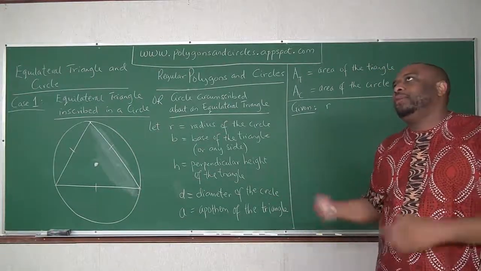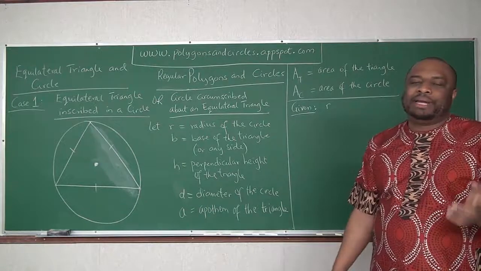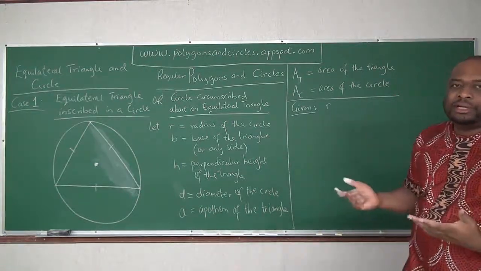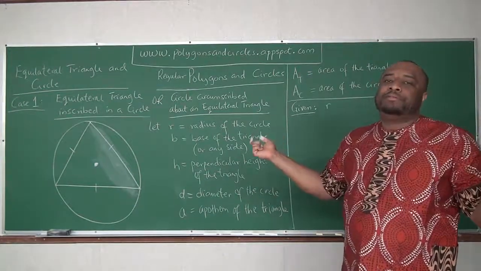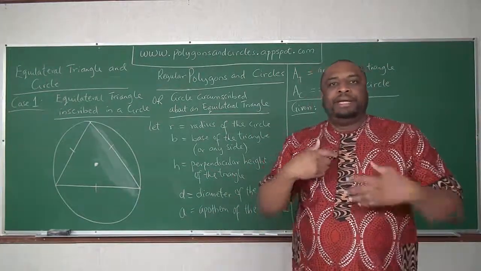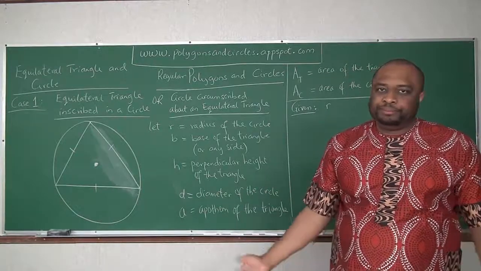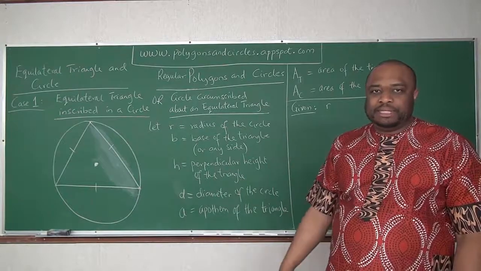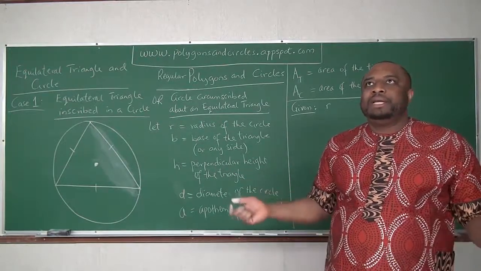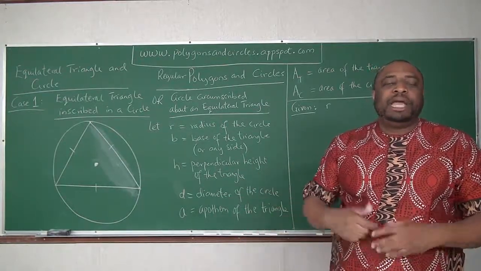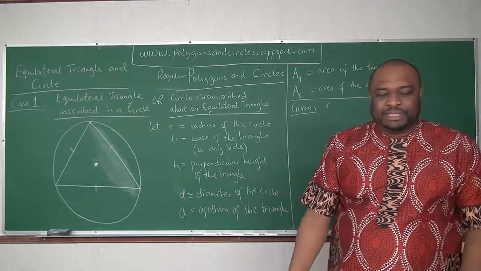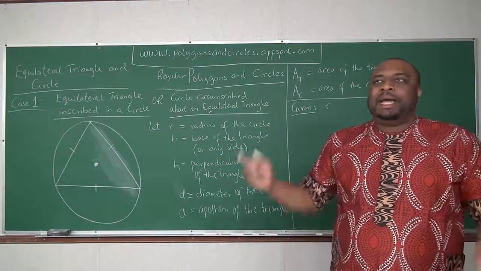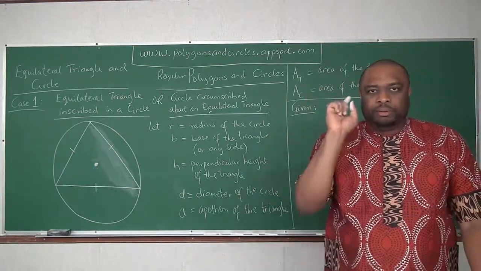Once you get one thing, when they ask you the question, they can give you just the radius of the circle and ask you to find the area of the triangle, or the area of the circle, or the ratio of the area of the triangle to the area of the circle, and then you have to find the rest. All they need to give you is just one parameter.